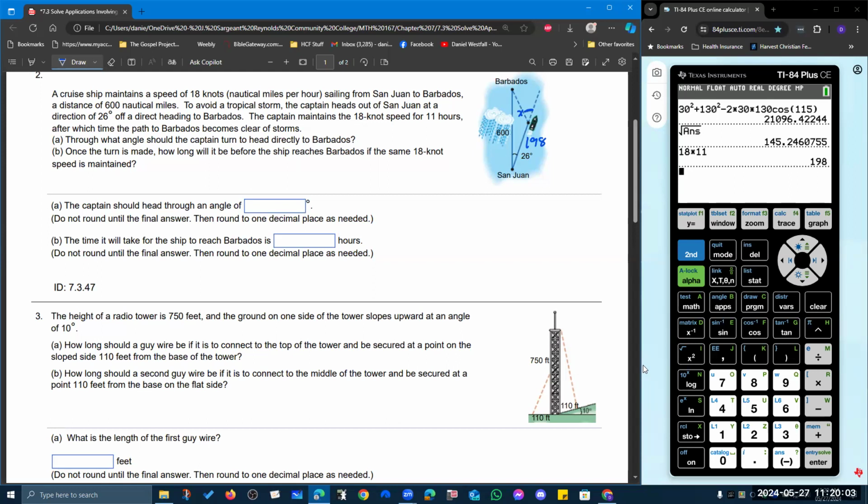All right, so let's find this angle. We have an angle and the side across from it, and we don't have the side across from it, so let's use the law of cosines here.